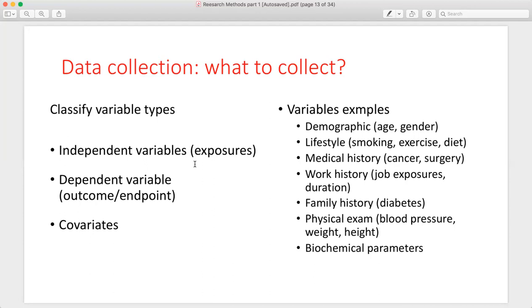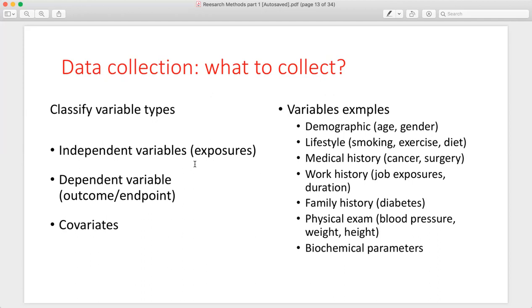There can be more than one dependent variable as well. Those we also term as outcomes or endpoints. And what are the other covariates? The covariates will mostly include the confounding variables that you would expect to confound the relationship between your independent and dependent variables.